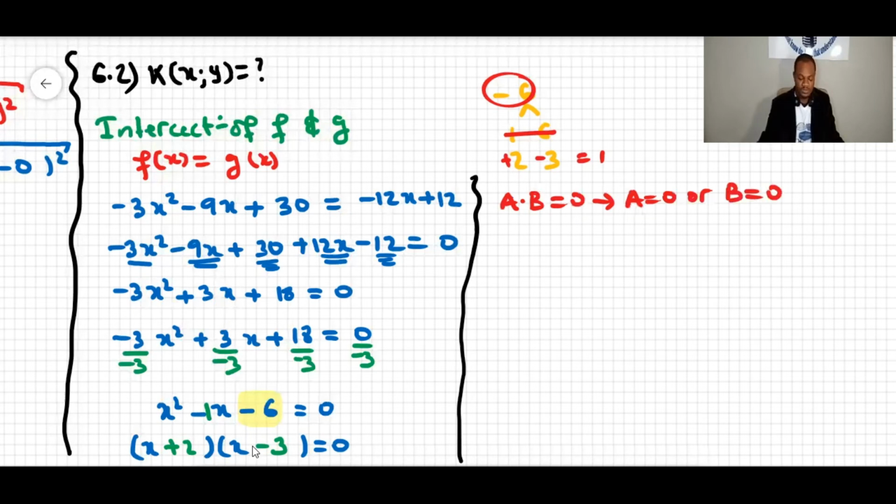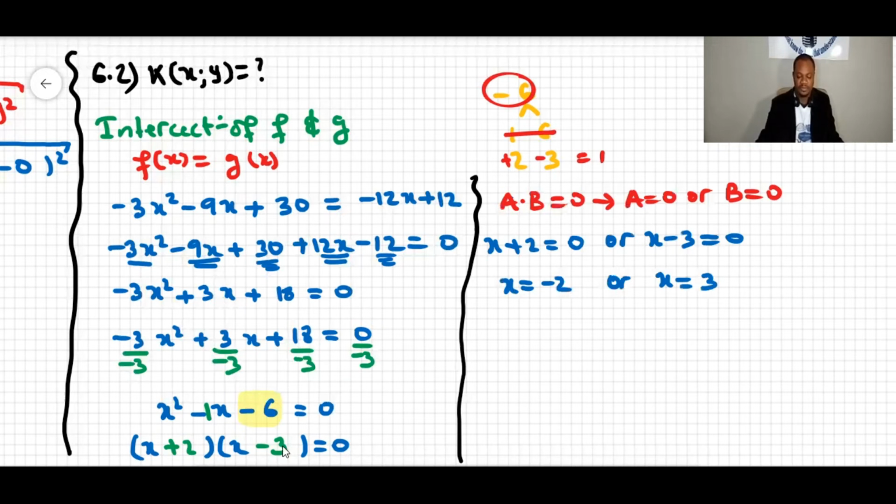So we're going to set x plus 2 equal to 0 or x minus 3 equal to 0. This means that x is equal to -2 or x equal to +3.